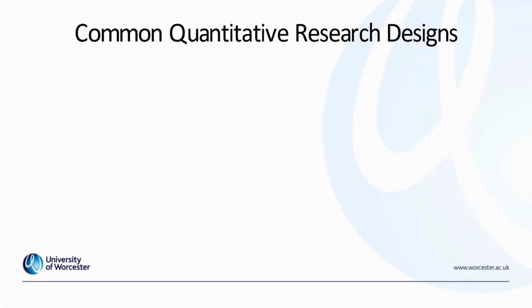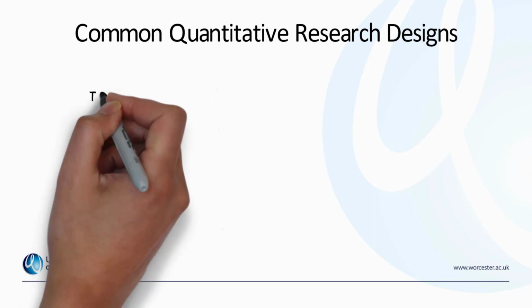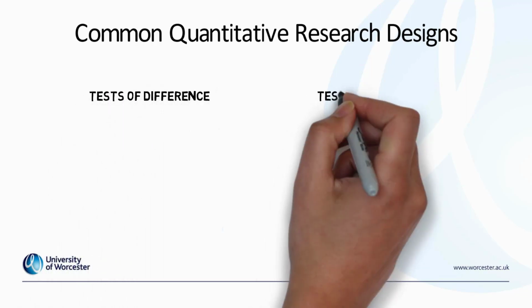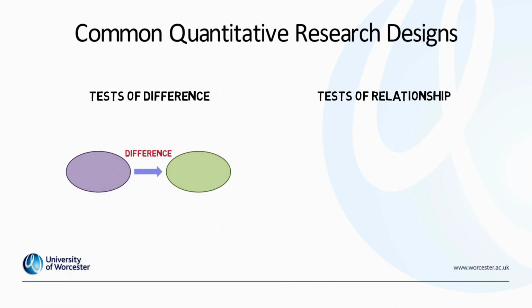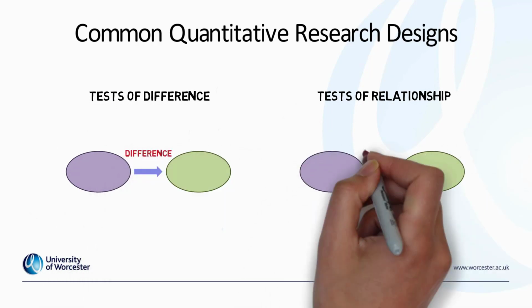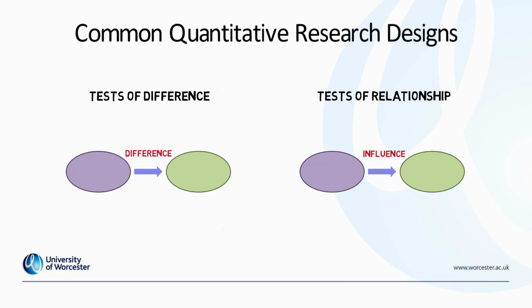So in this video and on this module, we're going to consider two common quantitative research designs. These are tests of difference and tests of relationship. Within statistics, there are more quantitative research designs. However, due to the size of this course, we're only going to focus on these most common two.